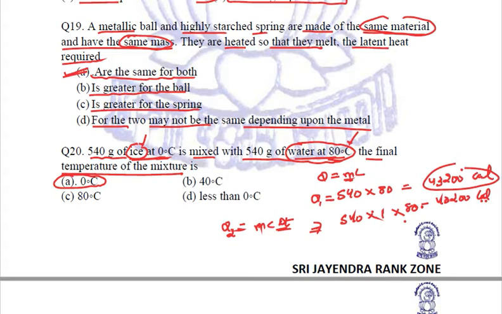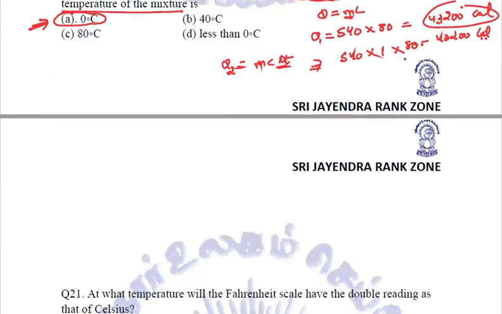So this is just sufficient to convert the ice into water without changing its temperature. The temperature remains 0 degree. So this is our answer, option number A. Clear? Let's come to the next question.